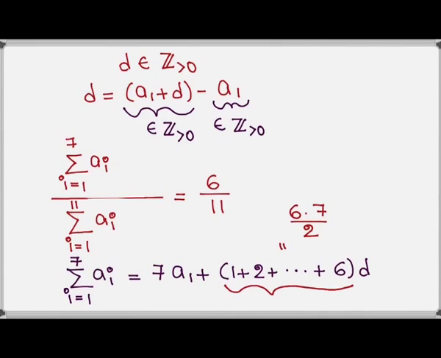Therefore, this sum turns out to be 7 into A1 plus 3D.